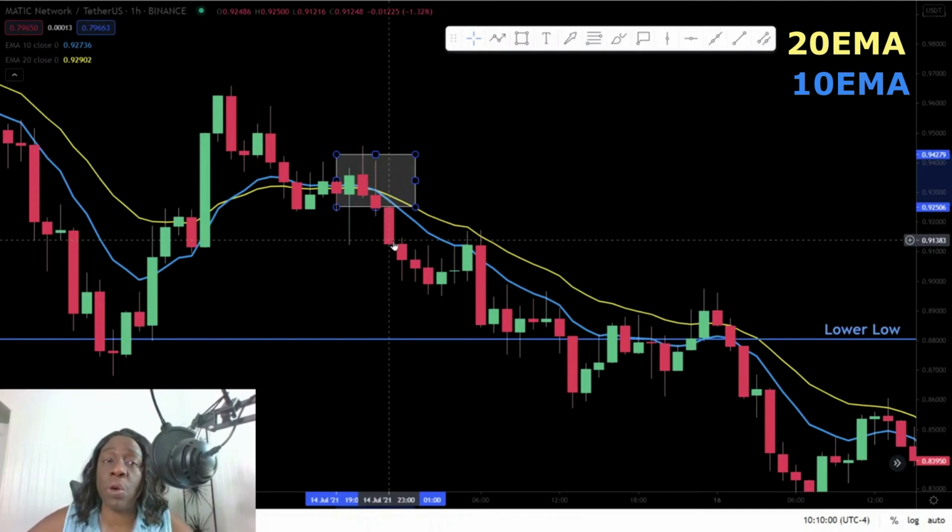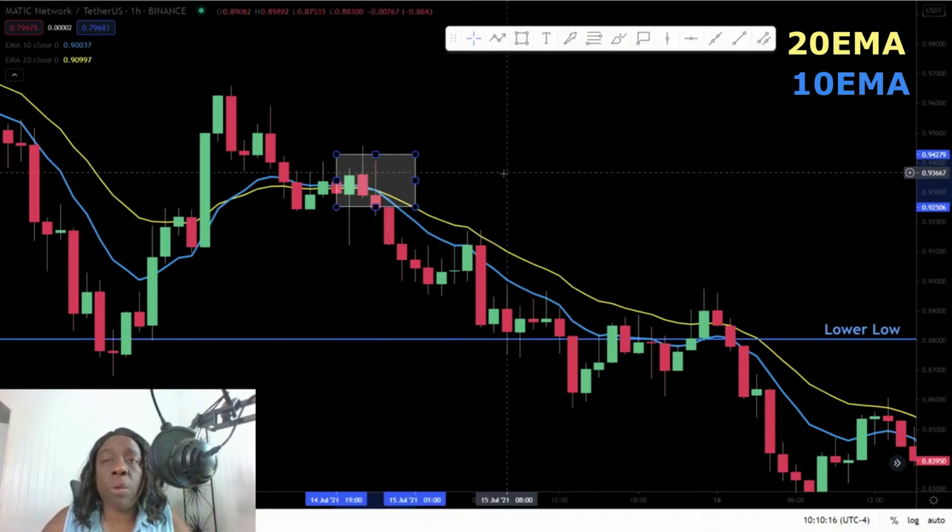Now this, of course, is if you're in a long position. Bear in mind, if you're in a long position and you exit the trade, it's not always a good thing to enter into a short position, but for people who like to trade, like I trade futures as well.